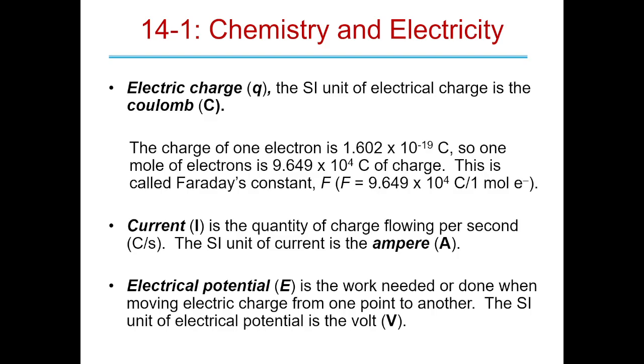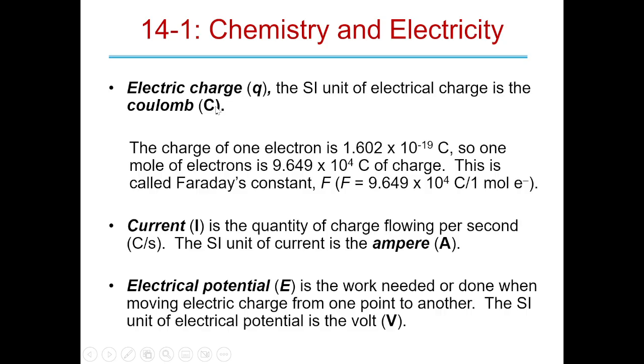The SI unit of electrical charge is the coulomb. This is one of the ways you can help yourself remember: look at your units whenever you're doing these equations, okay? I know that the constants are the same things as like 3 other things in chemistry, which is a pain, but the units are different.